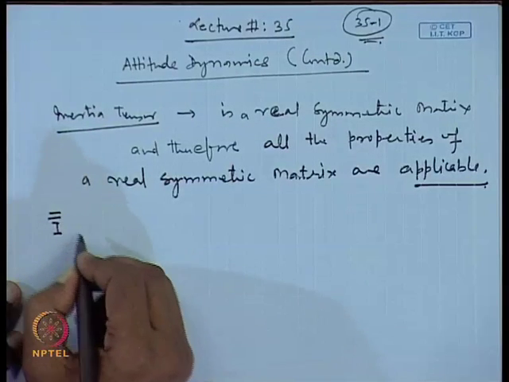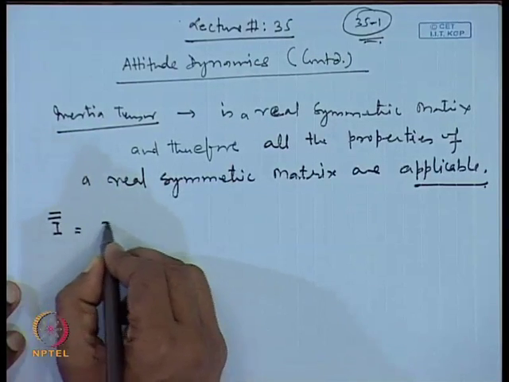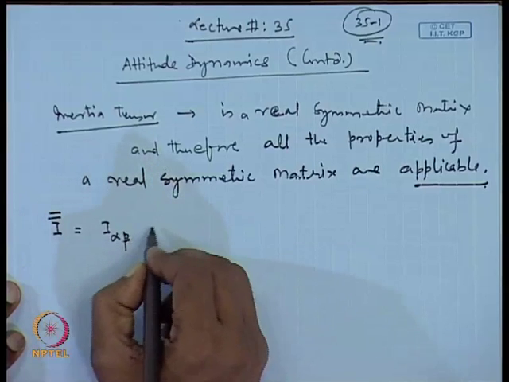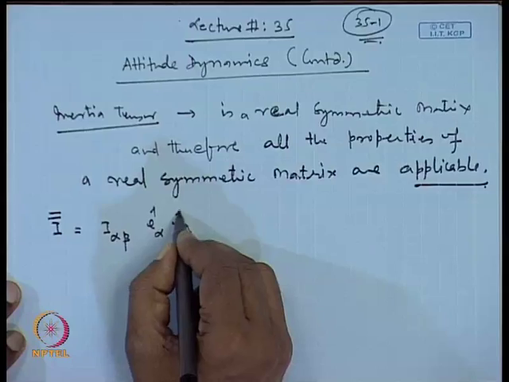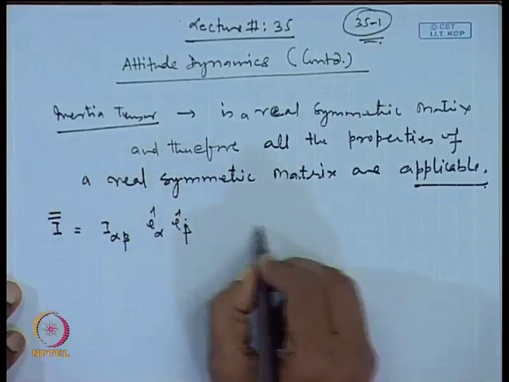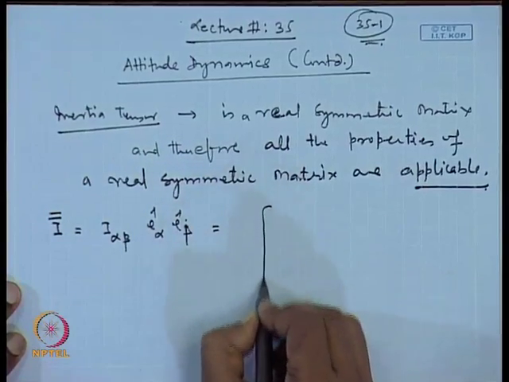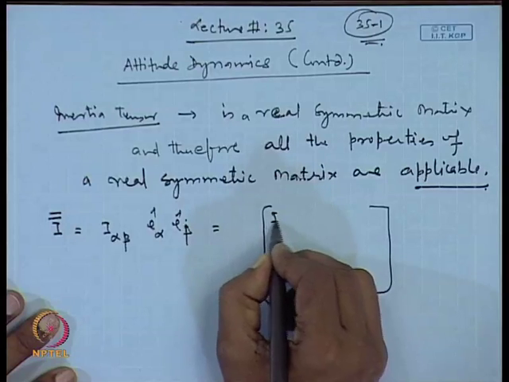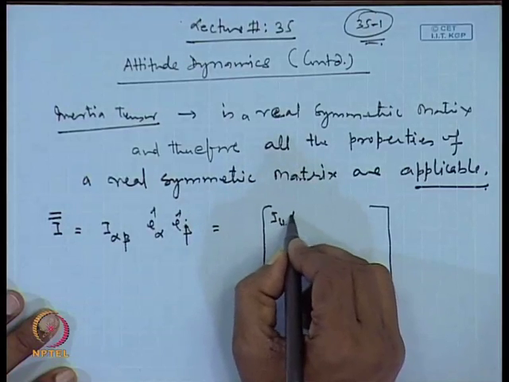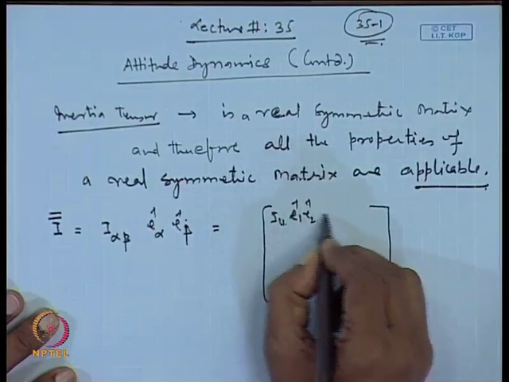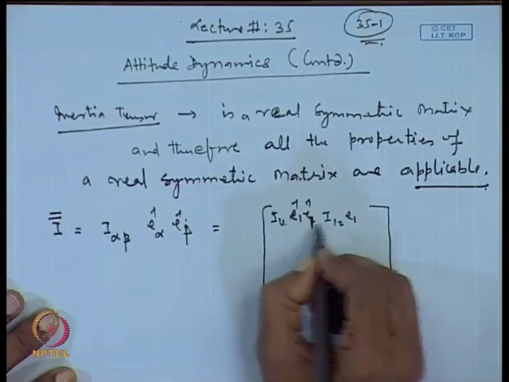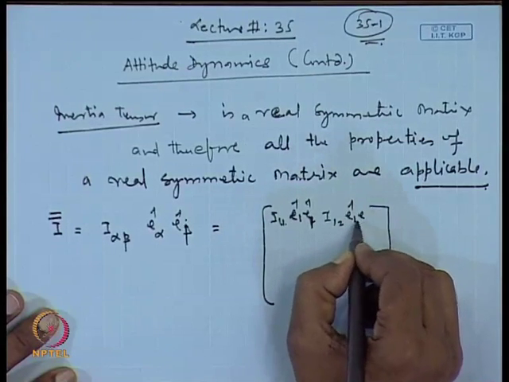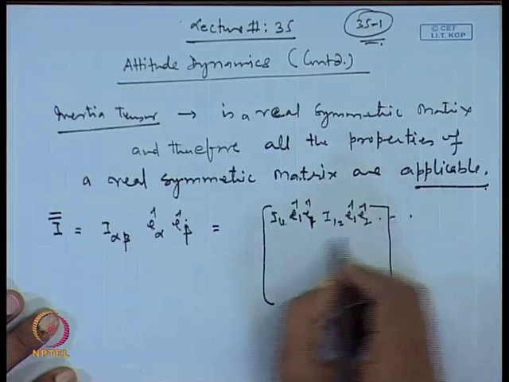So, we wrote the inertia dyadic as I alpha beta times E cap alpha and E cap beta, and in that what we wrote as this I 1 1 E 1 cap E 1 cap, I 1 2 E 1 cap E 2 cap and so on.